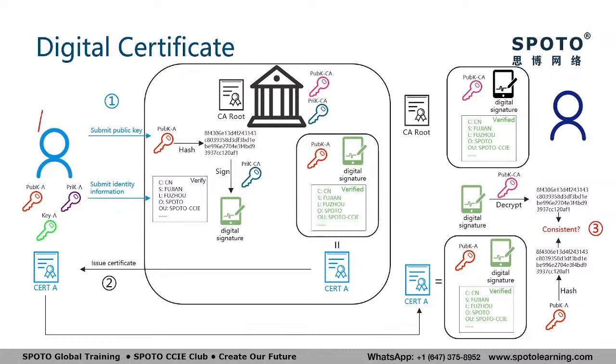We have a user A at the left side and user B at the right side. First, user A hands over its public key to the CA. In this case, we assume this is Symantec.